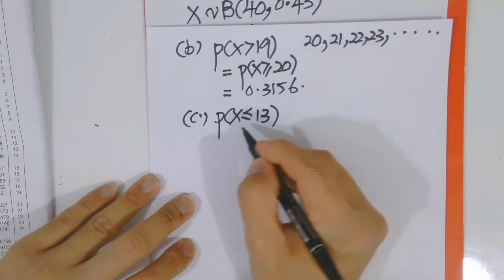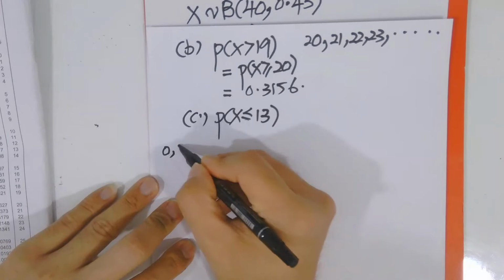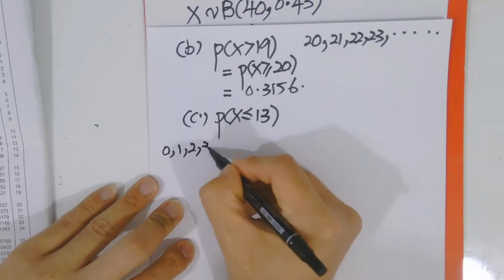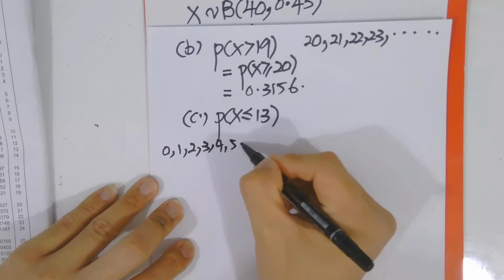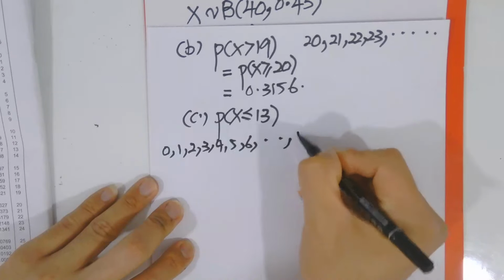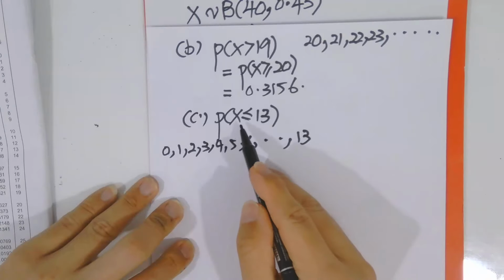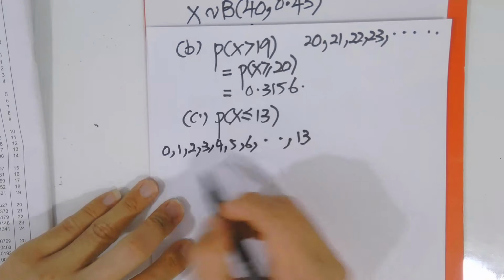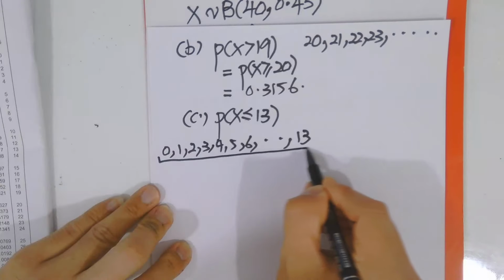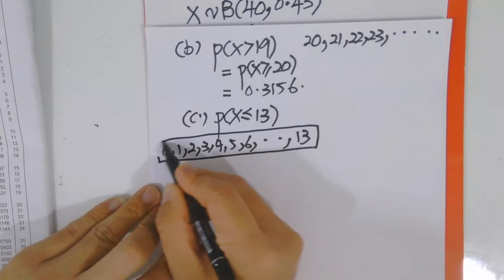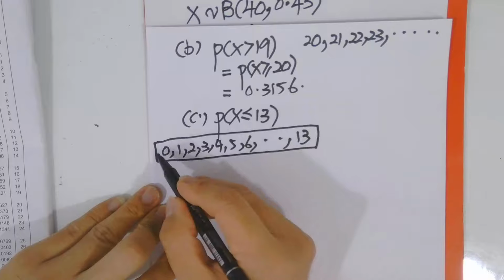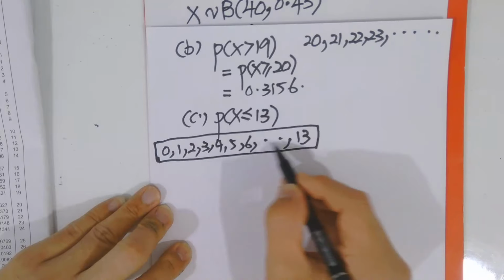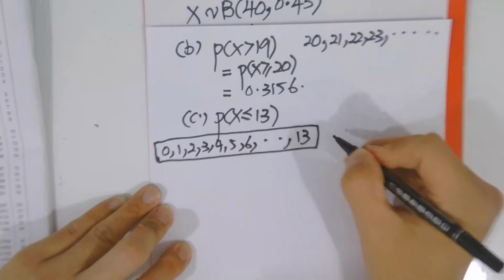So what is meant by less or equal 13? It means from 0, 1, 2, 3, 4, 5, 6 up to 13. X less or equal 13 means from 0 up to 13. It can be 0, can be 1, can be 2, up to 13.